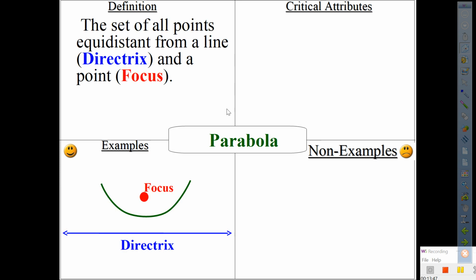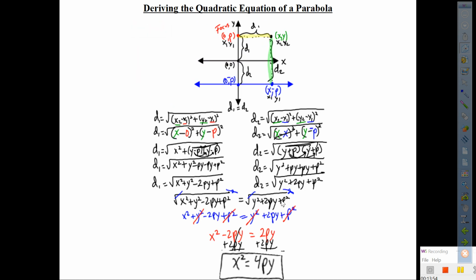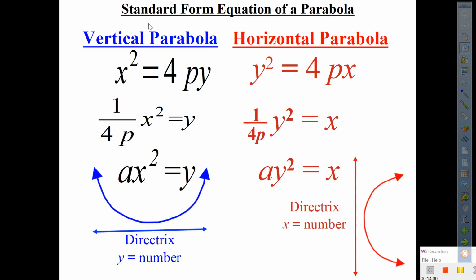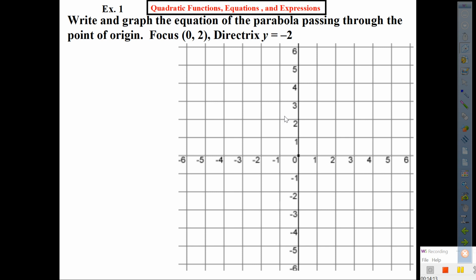Then I showed you the process that you needed to memorize on your own over the vacation, which is all this, yes? And then we got to the vertical parabola and horizontal parabola, and we said we were going to use these two equations throughout, yes. I used those in my homework. Then I gave you a couple of problems to practice.